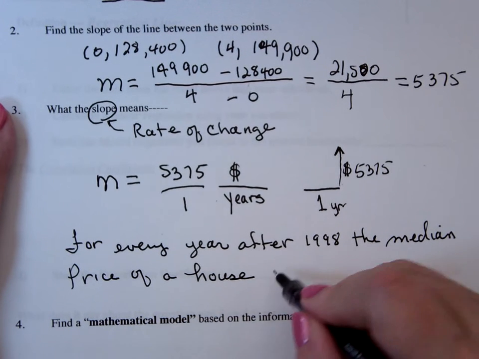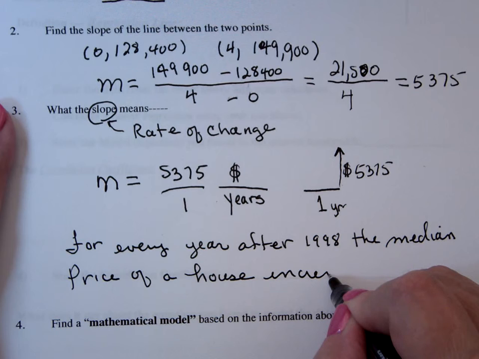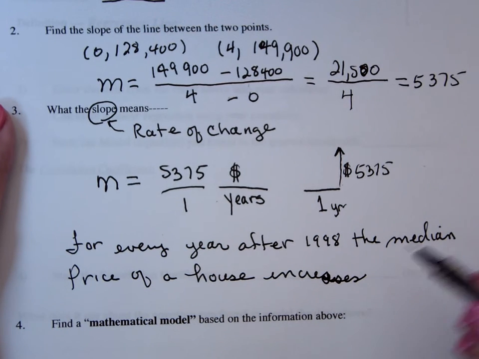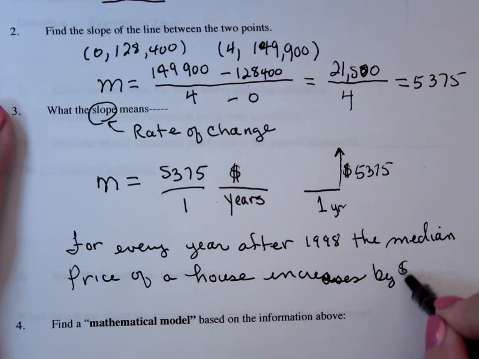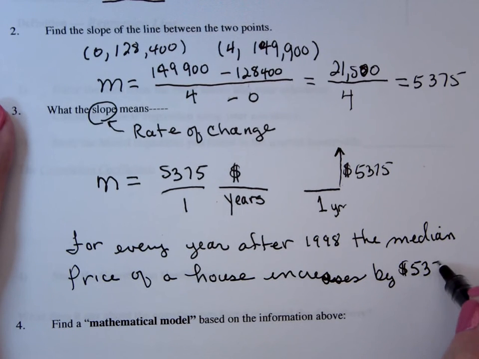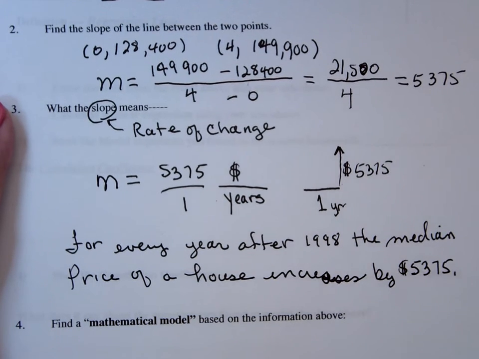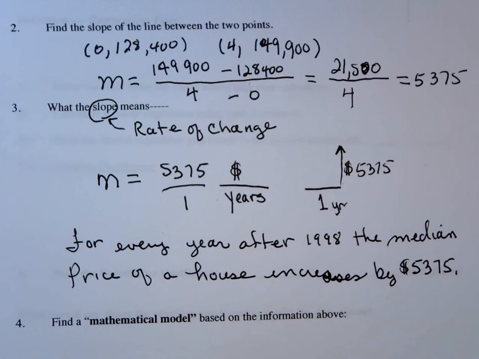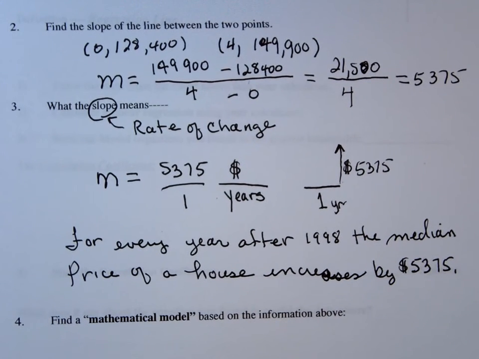Increases by $5,375. That's what the slope means. That says every year the price of the house.